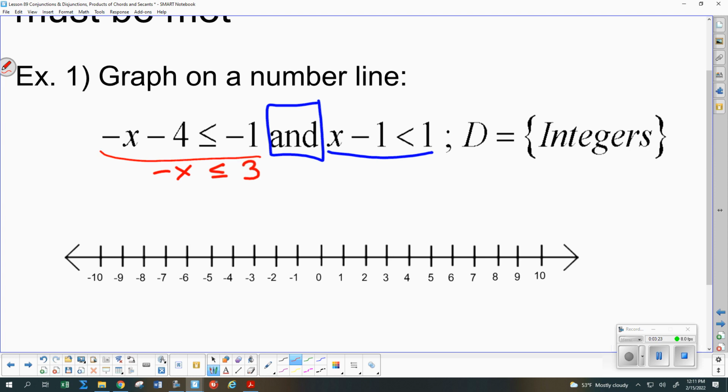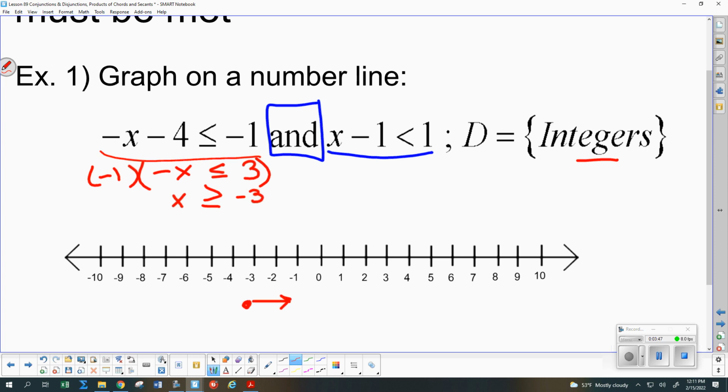Okay, so we could do adding the x, subtracting the 3. Most of us, I think, say that we're multiplying or dividing by -1 to make that be an x and that be a -3. And if we do that, we have to flip it so that it goes the other way. So that means I'm going to be talking about integers that are greater than or equal to -3.